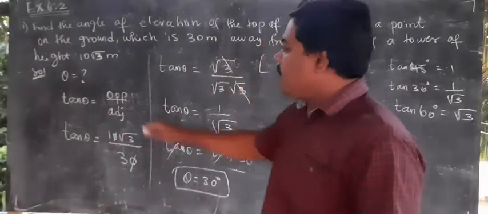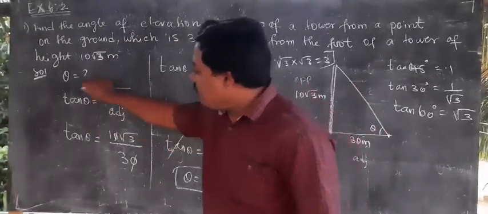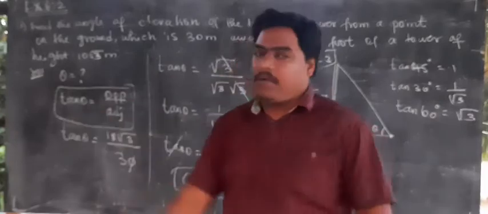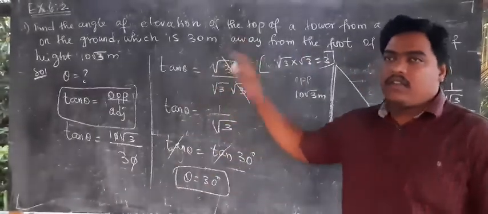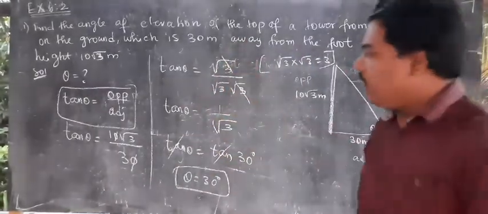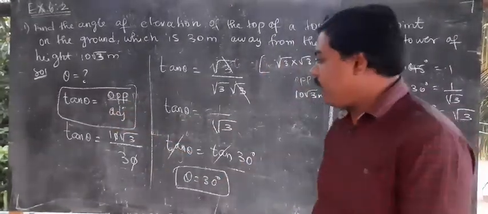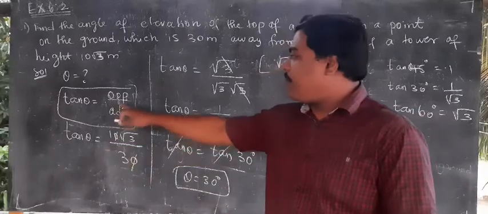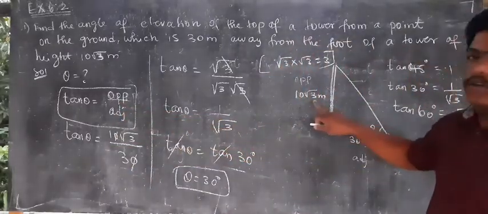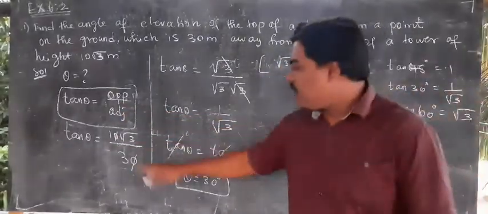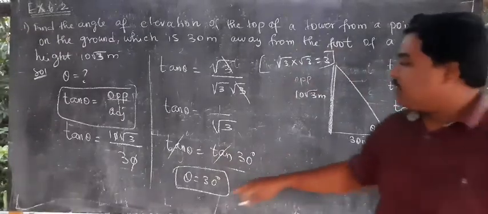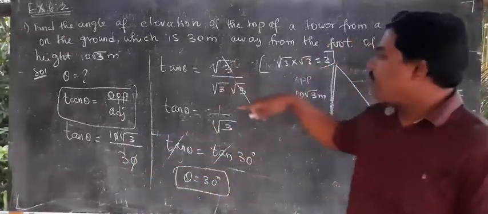Listen. This is the formula. For all the sums we have to write this formula, because in this exercise all the sums we are dealing with tan theta only. We have to write tan theta equal to opposite by adjacent. One more thing, they will give values. So tan theta equal to opposite side, they have given the value 10 root 3. Adjacent means 30 meter. So 30 cancelled.